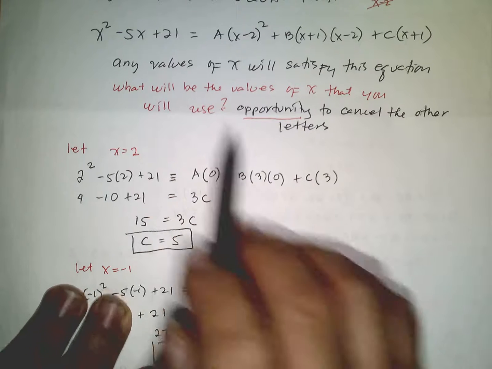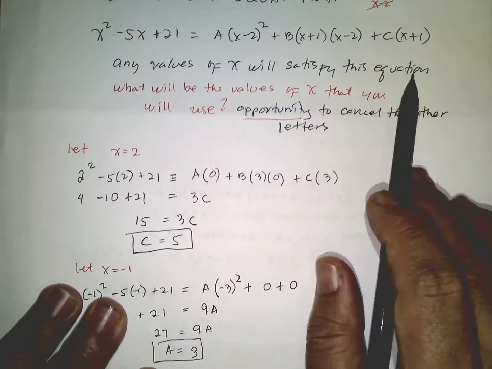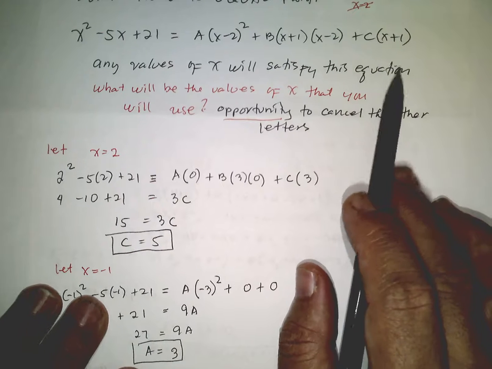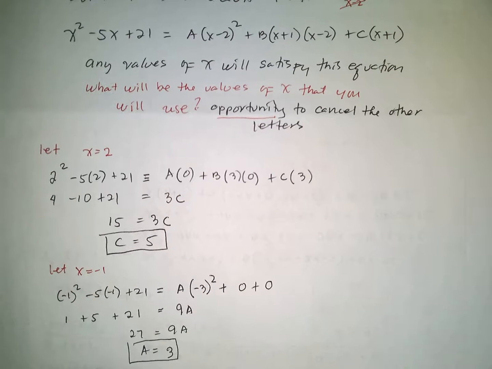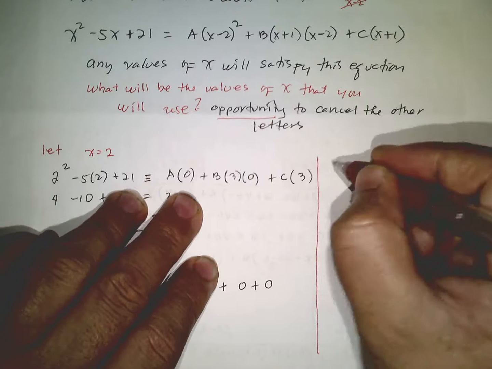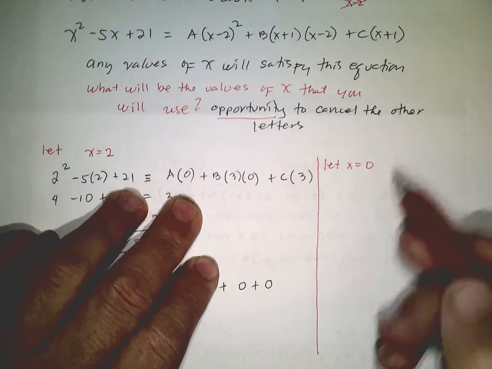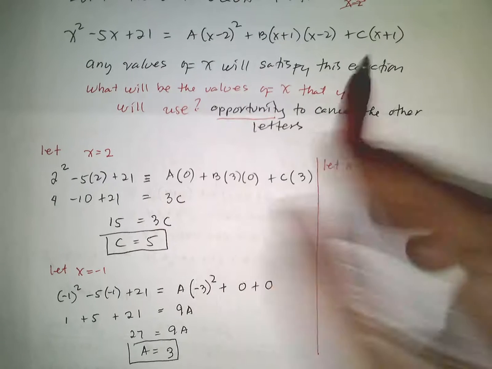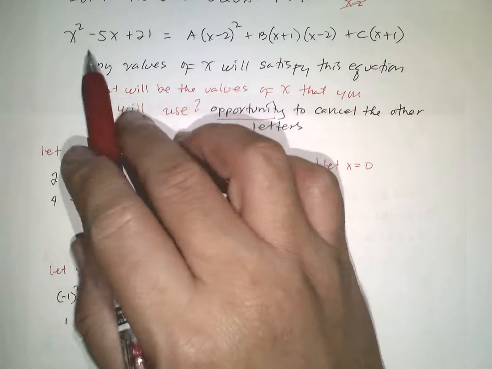But remember this one. Any values of x will satisfy this equation. If I will use any x, it will always satisfy this equation. So therefore, the best number to be used now is to let x be 0, because then this computation here will not be that complicated, and this one here will not be that complicated as well.